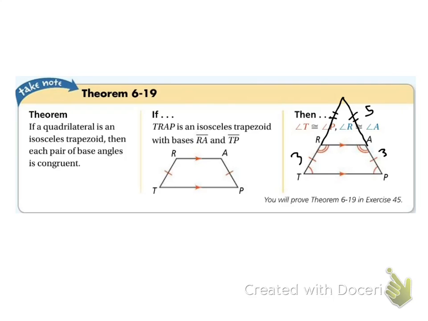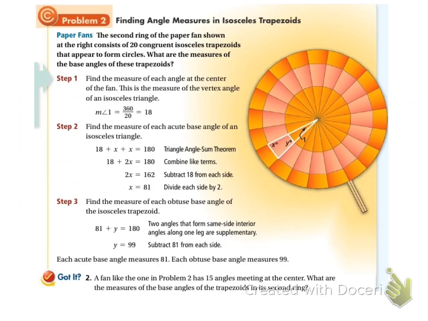If this is 5, this is 5. So this whole side would be 8, and this whole side would be 8, right? That's an isosceles triangle because two sides are congruent. We had a theorem that said if legs are congruent, then base angles are congruent, right? That's part of where they're coming out of. So I can take all of that and apply that here, okay?